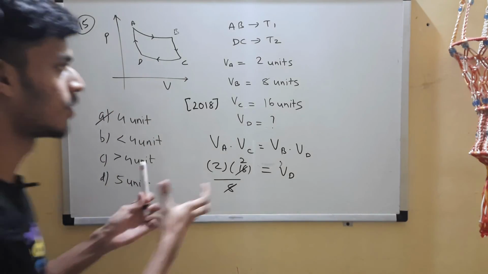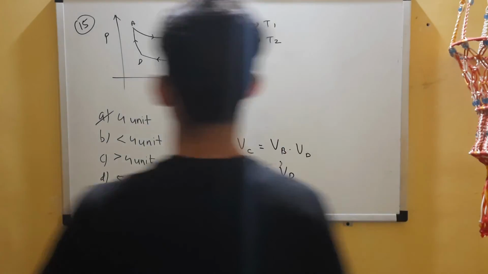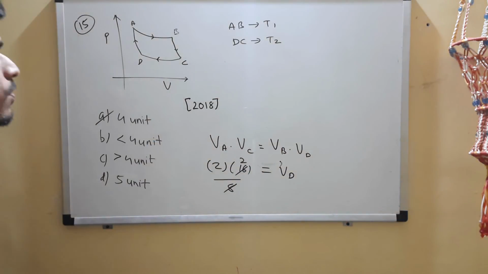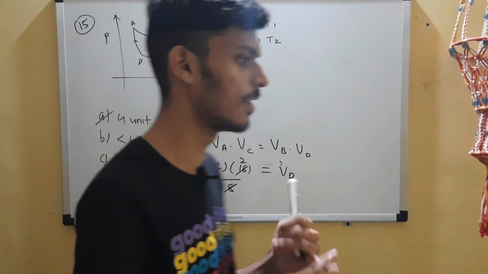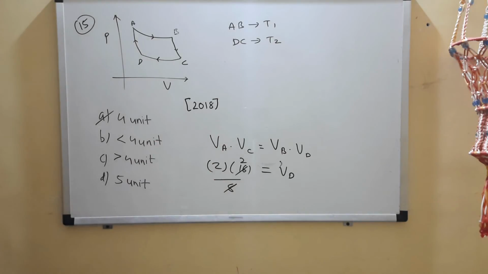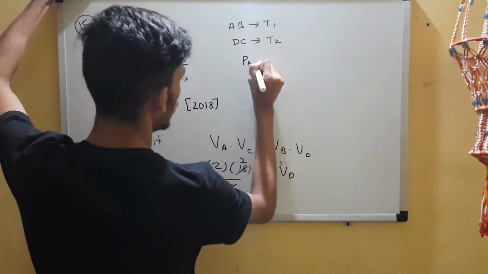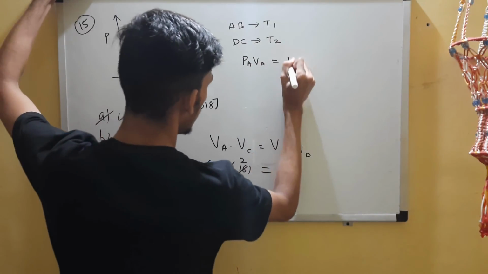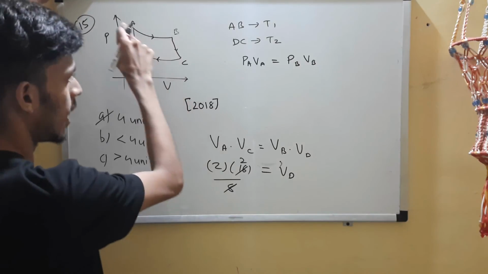Now first of all, where did this come from? We'll write the equations for each of these processes. For isothermal, we write PV is constant. For adiabatic processes, we write PV raised to gamma is constant. So PA VA equals PB VB for the first isothermal process.